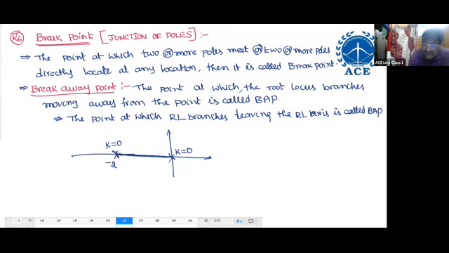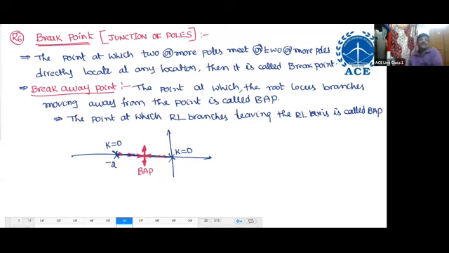As k increases, both poles move in opposite directions, then at some point both meet. After meeting, they move away from the point, leaving the real axis. So then it is called the breakaway point. It is correct.